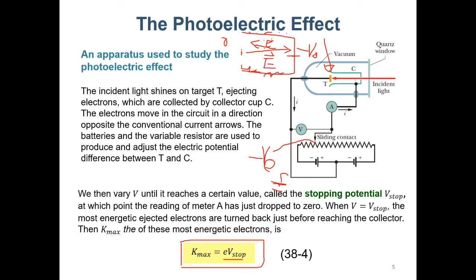So the kinetic energy must be larger than eV stop so that the electron can go to the cup and form a complete loop, and then you can measure a current going through this loop. If the kinetic energy is smaller than eV stop, the electron will be emitted from the target and go halfway and then go back. Okay. So that's the phenomenon here.